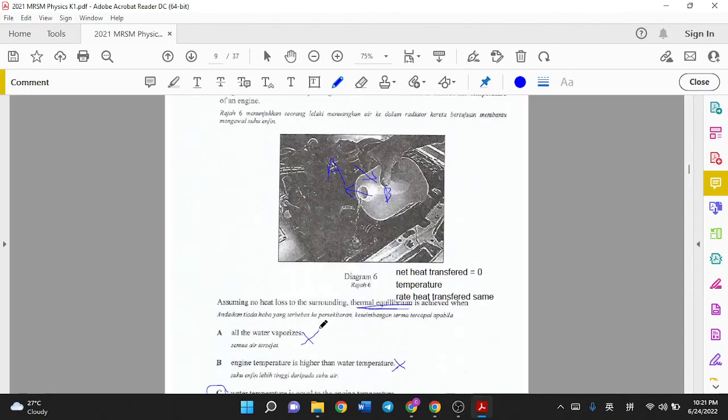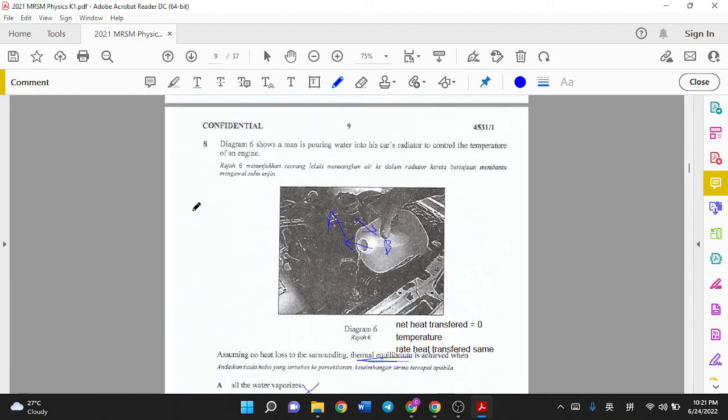Because we know that the heat energy equation is Q equals mc theta. When your theta is constant, your temperature change is constant, but your C and your M for different materials are different.